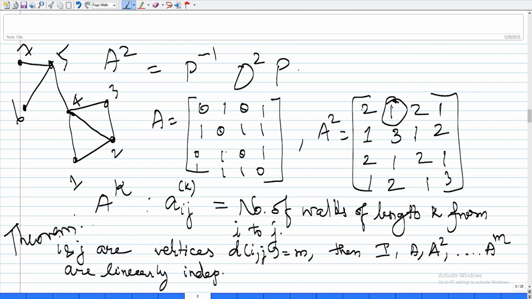In a similar direction, we can say that the largest eigenvalue is going to be less than or equal to, or greater than or equal to, d, the diameter of the graph. I give that as a question, think over it.